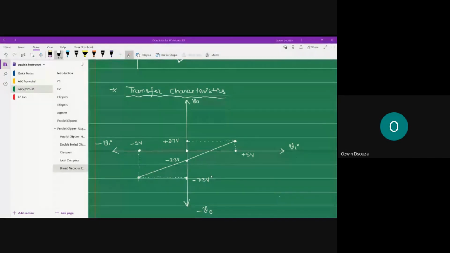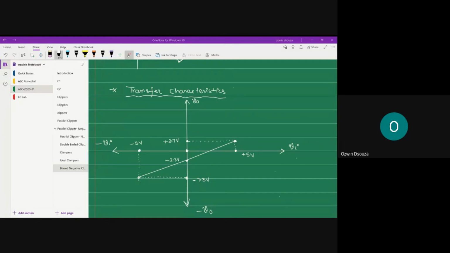Now I want you to tell me this one. What is the peak-to-peak value for a clamper circuit? Can anyone quickly type the answer? You have to tell me in this manner: V peak-to-peak of input and V peak-to-peak of output.